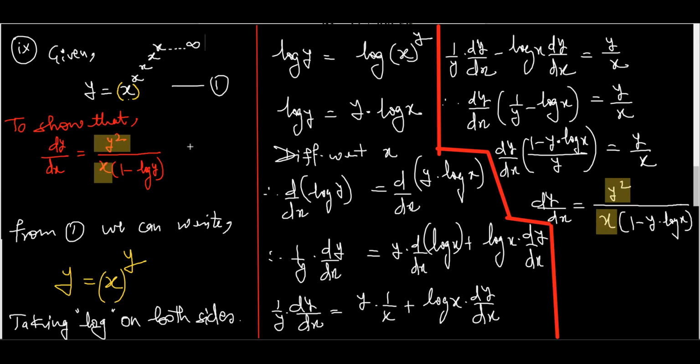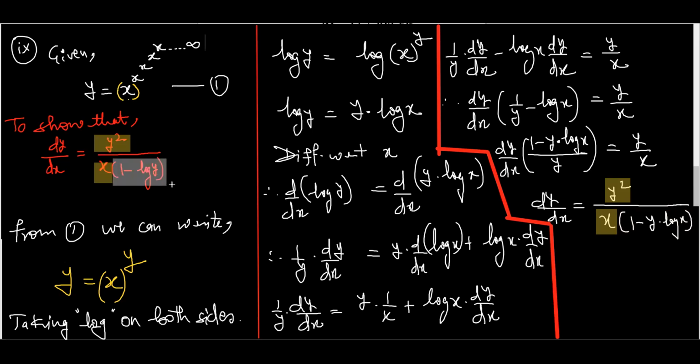The other factor is something I'll have to take care of. 1 minus log y is needed, and 1 minus y log x I got. So it is only this y log x that I need to substitute for, because anyway you want 1 minus log y.